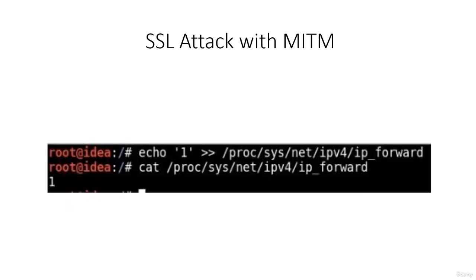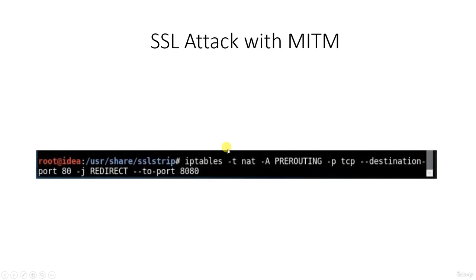This command is for enabling the forward property. Then we are going to use iptables -t nat -A, so you are going to change the iptables command in the terminal.